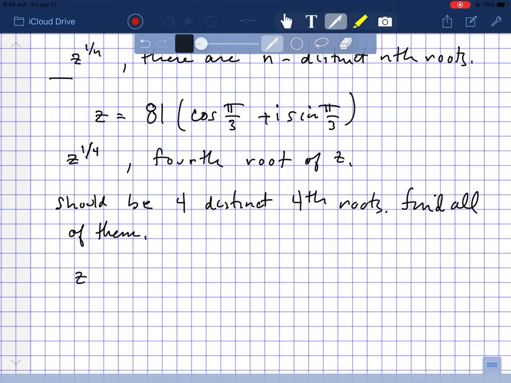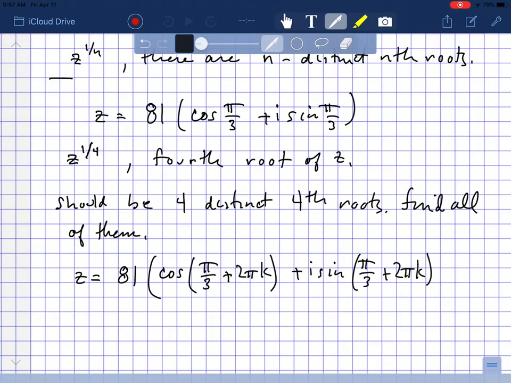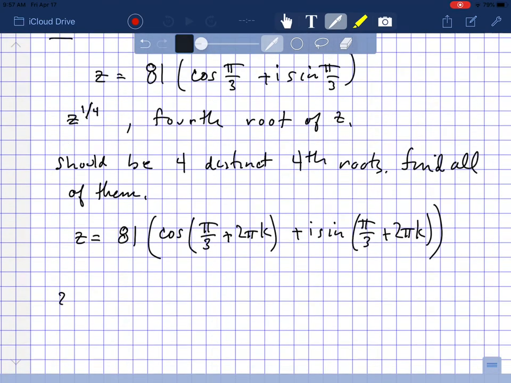Well, what I'm going to do is represent z as 81 times the cosine of pi over 3 plus 2 pi k plus I times the sine of pi over 3 plus 2 pi k. So these are all the polar representations of z. k can be any integer.